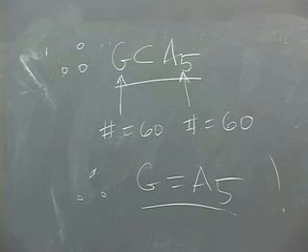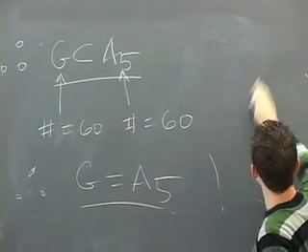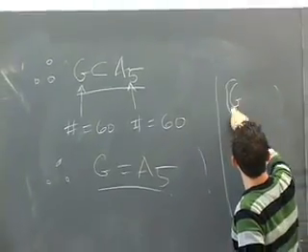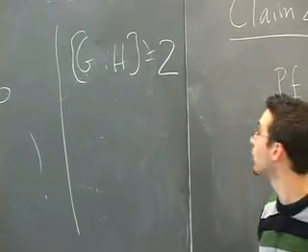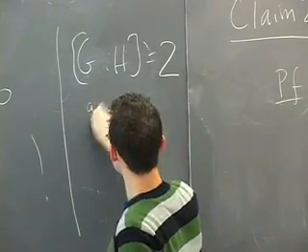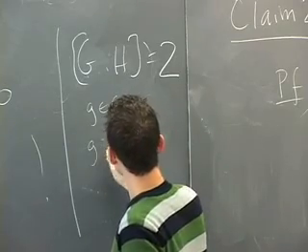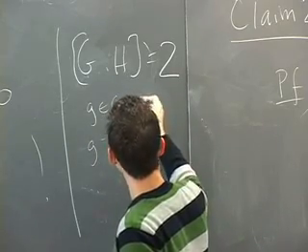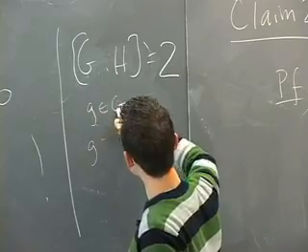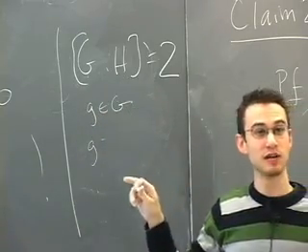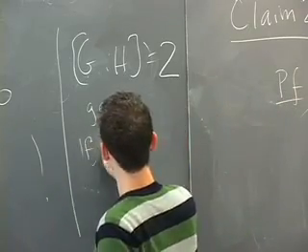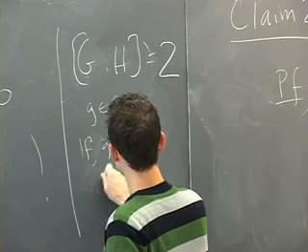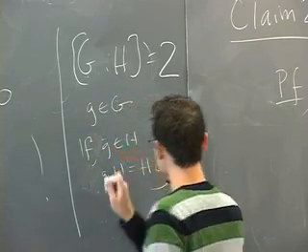Just go over again why the index being 2 implies it's normal? Oh, well, so look. Suppose I have something of index 2. H in G is of index 2. I want to show that H is normal. Well, suppose I take some g in G. Certainly if g is in H, then gH equals Hg, because that's just H. I'm just getting H back. So if g is in H, we automatically get gH equals Hg.